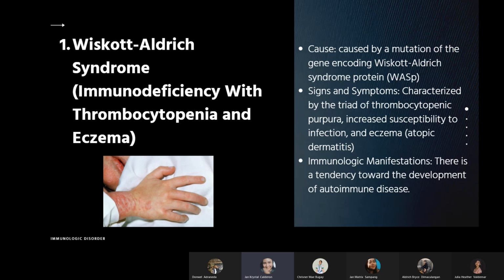Its signs and symptoms are characterized by the triad of thrombocytopenic purpura, increased susceptibility to infection, and eczema or atopic dermatitis. Immunologic manifestations: there is a tendency toward the development of autoimmune disease. Next.